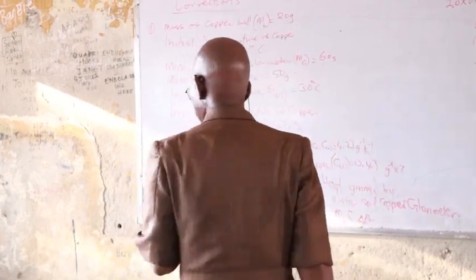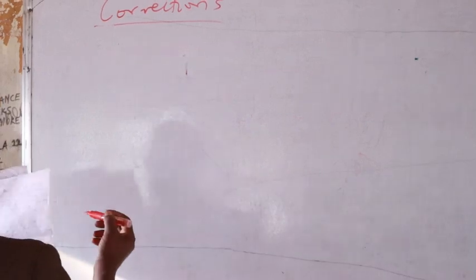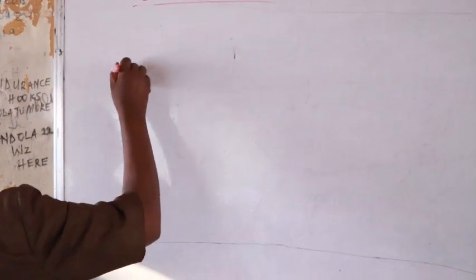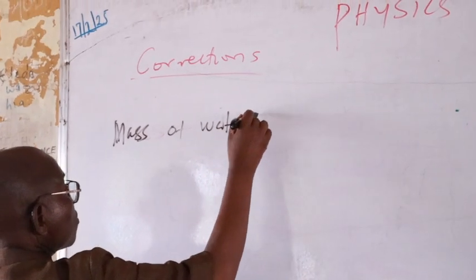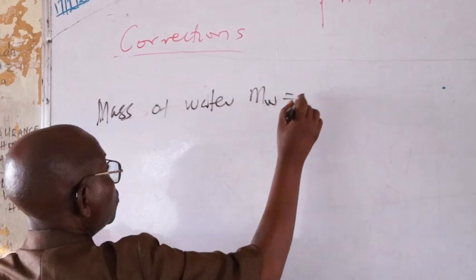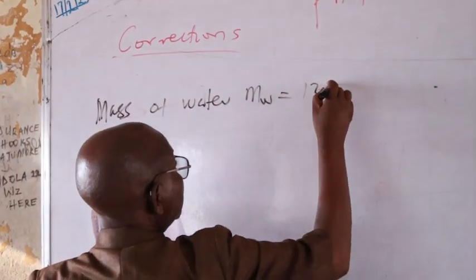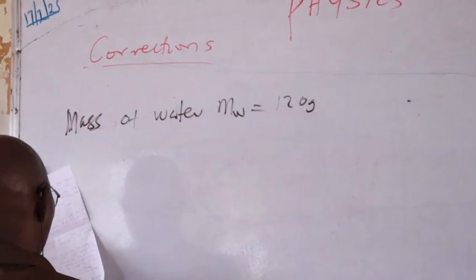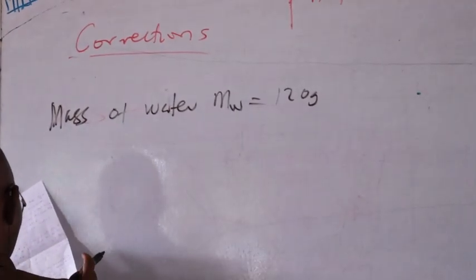Well, the supply here, we have mass of water, MW equals 120 grams. What is given below are in kilogram.